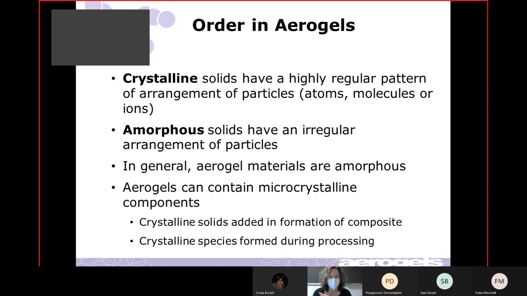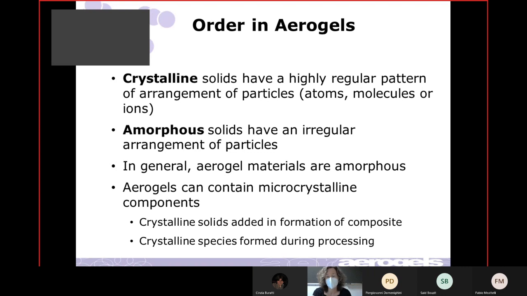If we added crystalline solids, if we doped the sample, right, we're trying to make a composite material that contains some little crystals, and we've added them to be trapped within the matrix, that's one way we could end up with microcrystalline components. But crystalline species could also be formed during processing. And those crystalline species might be important to the properties and the uses of the material.